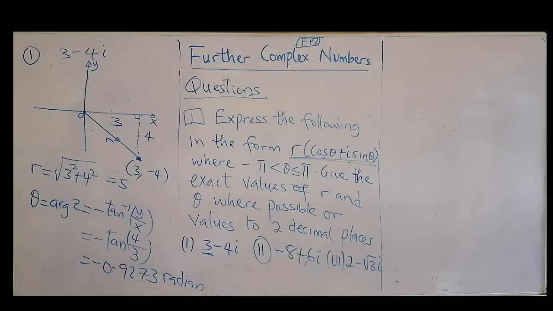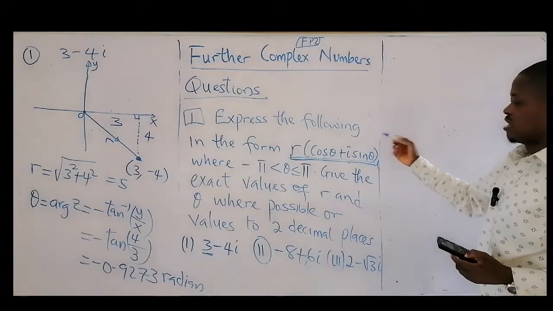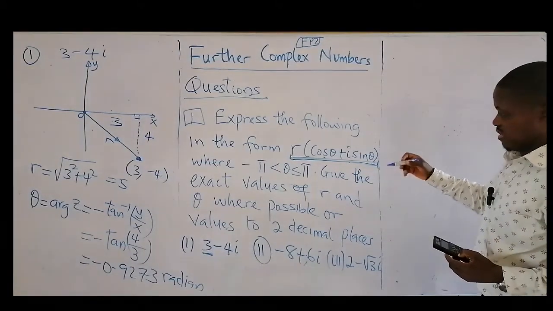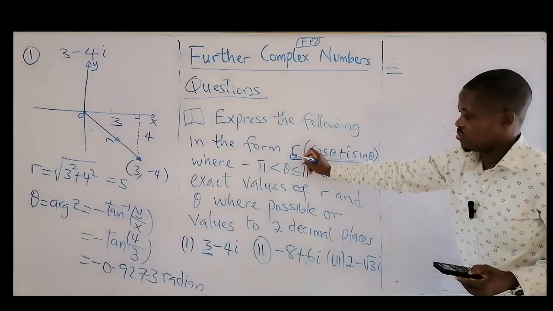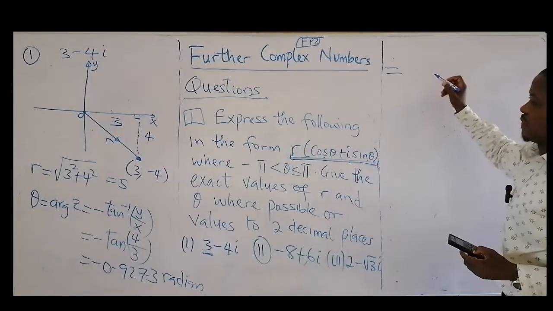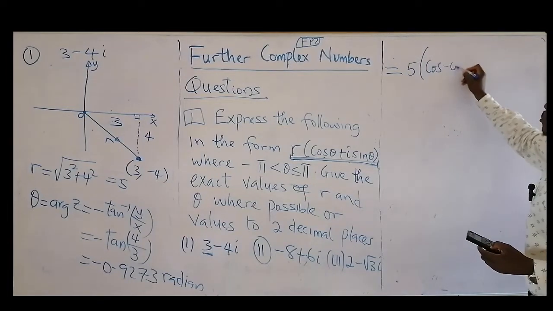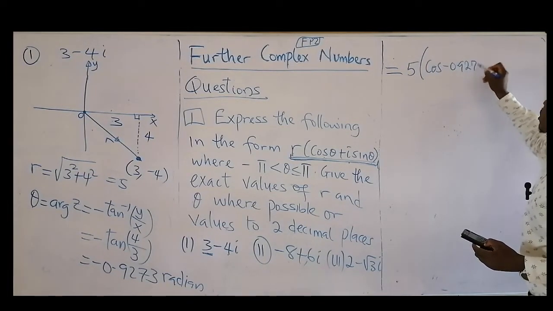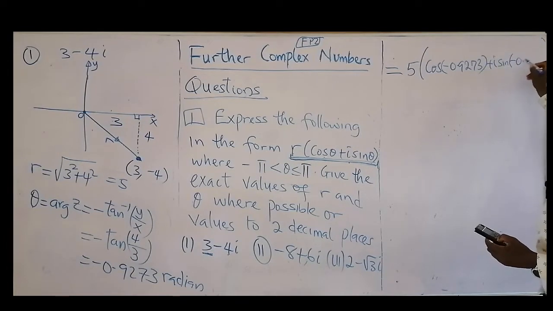Okay, so we've gotten all the requirements, and the next thing is to come back here and substitute all the parameters we've gotten. So that will be equal to my modulus, which is 5, then cos of minus 0.9273, plus i sin of minus 0.9273.